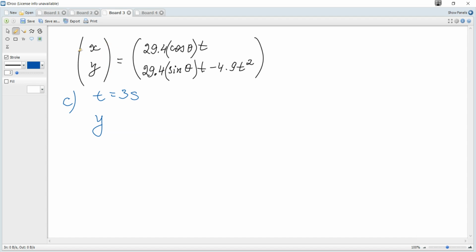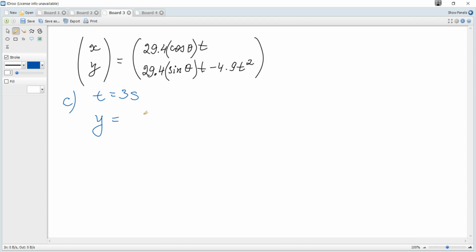And actually here theta is 90 degrees, and there is a vertical component only. But in general, when it's two-dimensional motion, you should do absolutely the same.